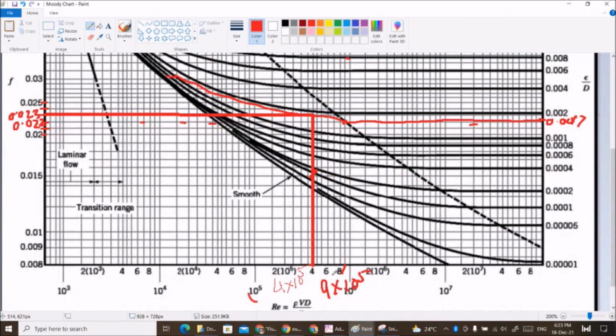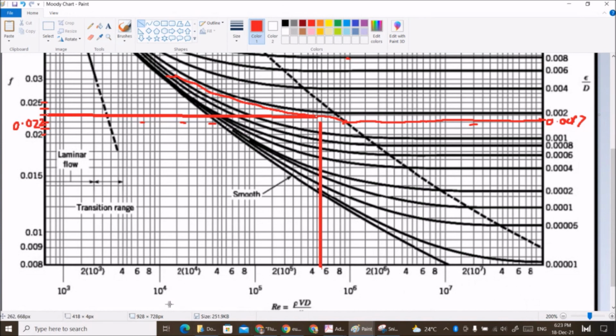So from this line, I will draw the line from 5. So we will draw the line, near about here. Then I will draw the line with this, and here I am getting F is equal to 0.023.